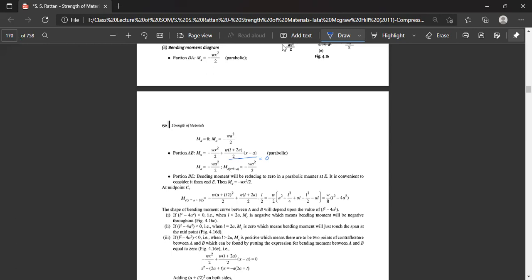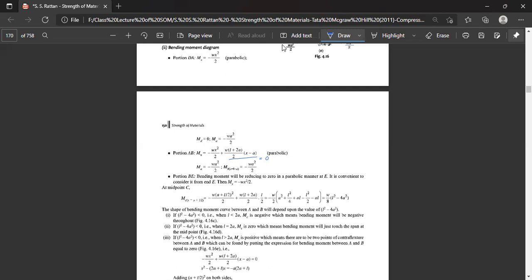The shape of the bending moment curve between A and B will depend on the value of l square minus 4a square. So it is very evident. If l square minus 4a square is less than 0, then when l is less than 2a, Mc is negative, which means bending moment will be negative throughout.